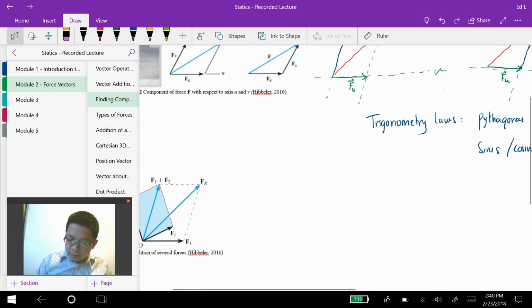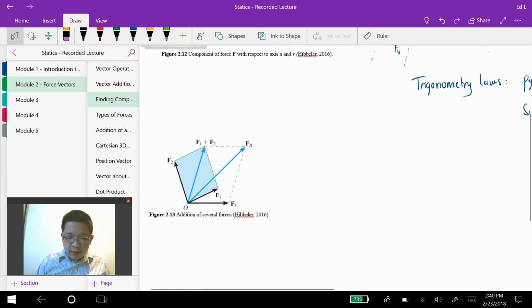And the next topic that I would like to discuss in here is, what if you have more than two forces or more than two vectors? How can you calculate the vector summation of those vectors, or the vector difference of those vectors?